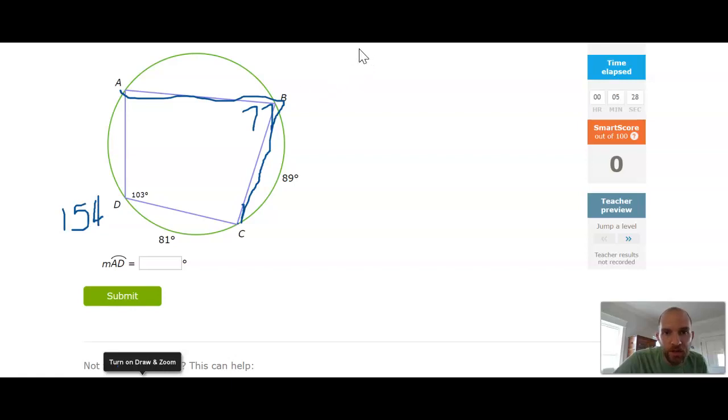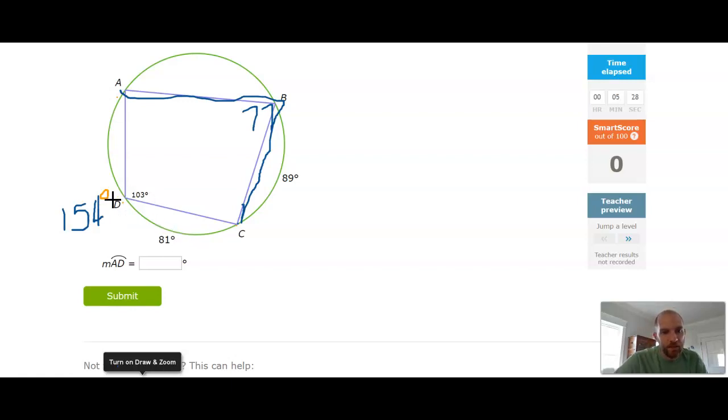If we multiply 77 by 2, we end up with 154. So this whole arc here, from C to D to A, is 154 degrees. We see that 81 degrees is eaten up with CD. So then what's left for AD? Well, let's check that out.